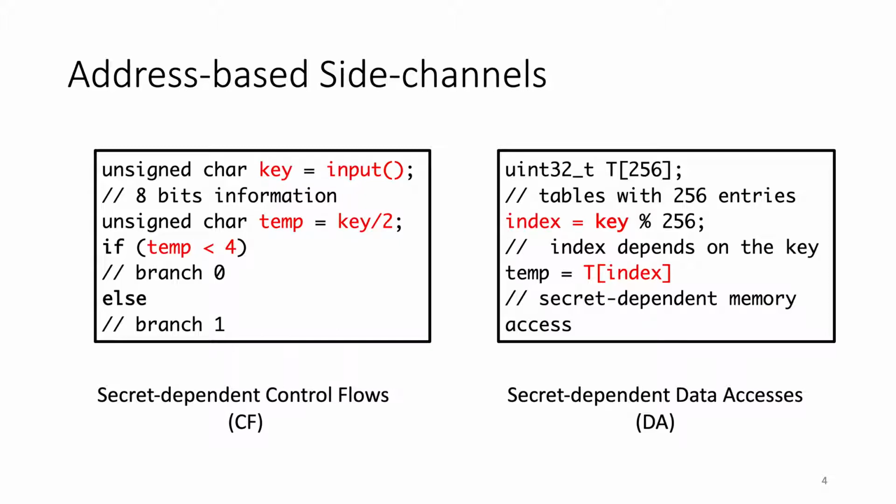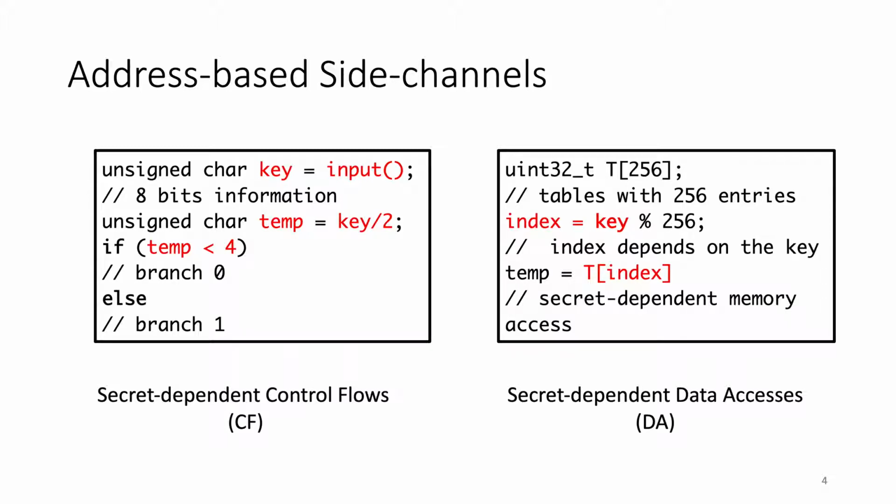K is the sensitive input and its value is passed into a temporary value. Depending on the value of the temporary value, the code may execute branch 0 or branch 1. The second type is called secret-dependent data access. An index is calculated based on the secret data. T is an array and the code uses the index to access the array, which may also result in accessing different memory locations.